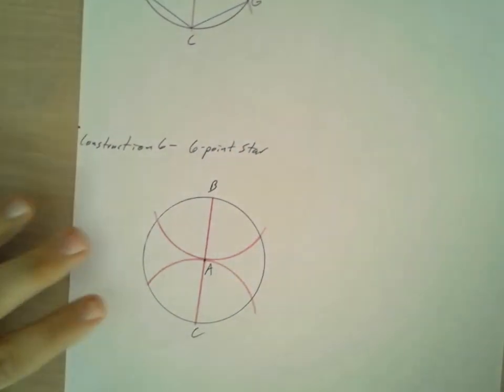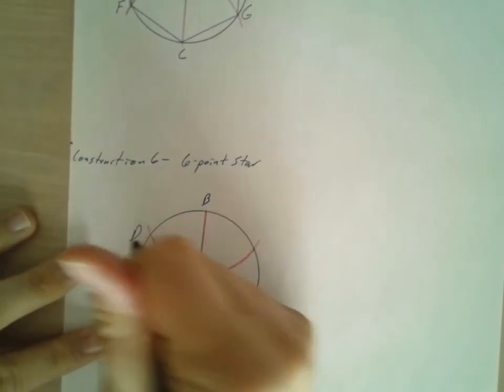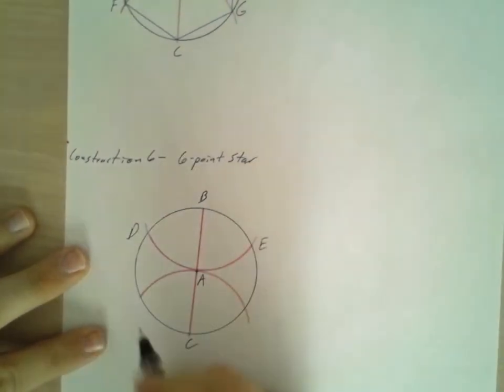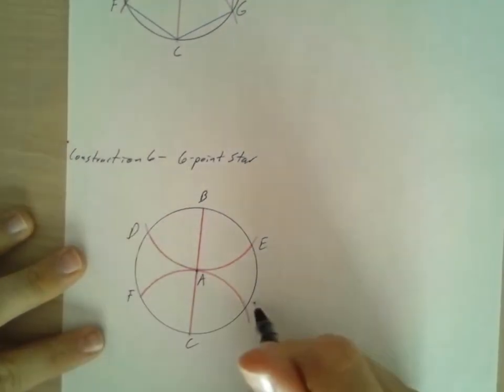And then, so these were D and E. These were F and G.